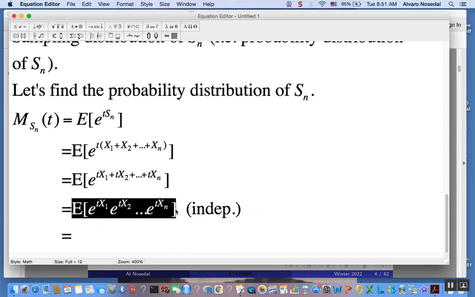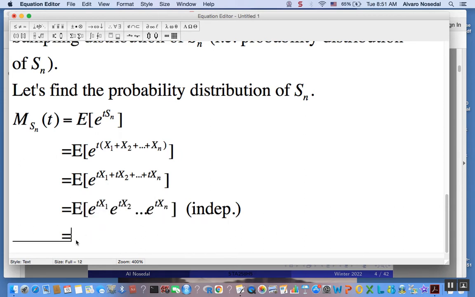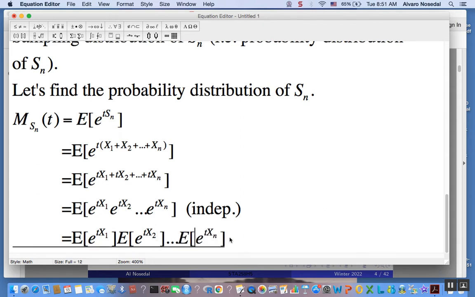So now I get to rewrite this like that. The expected value of that product is the product of expected values because those random variables are independent.